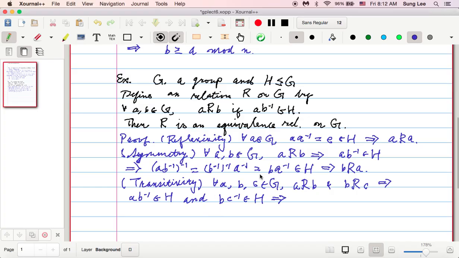Now, H is a subgroup. It is closed under the group operation, and we have these two belonging to H, so their product has to belong to H also.